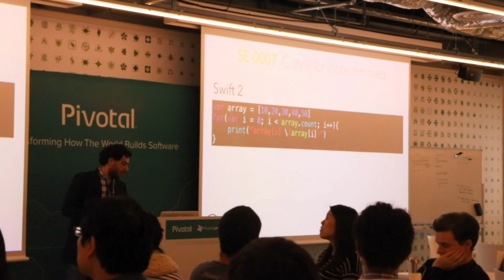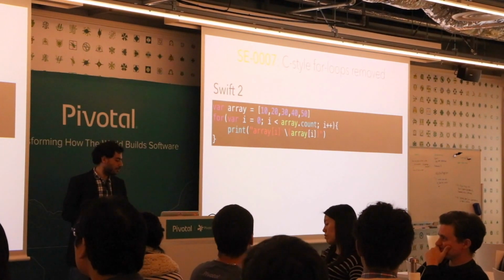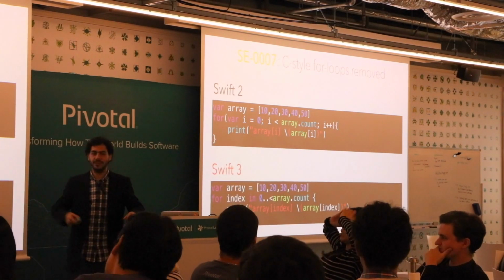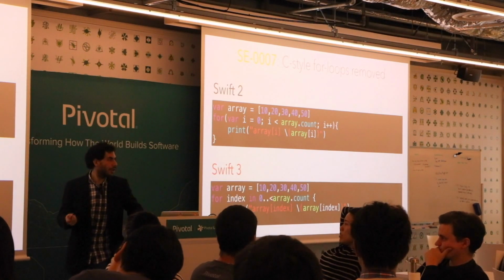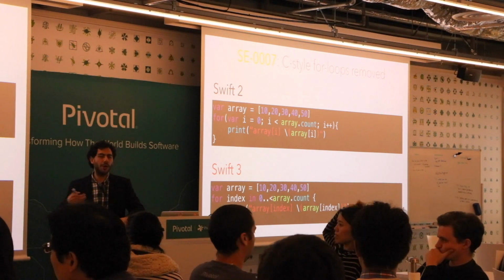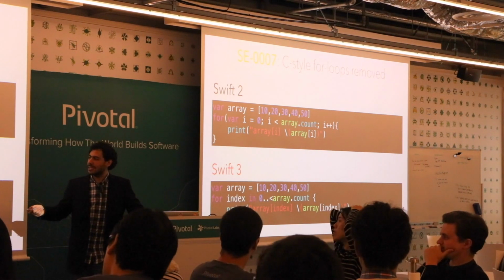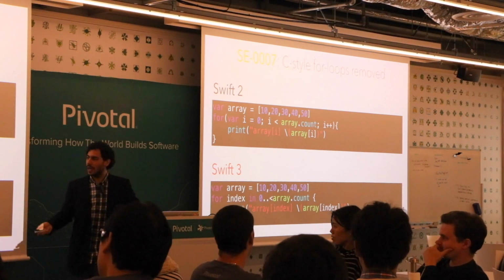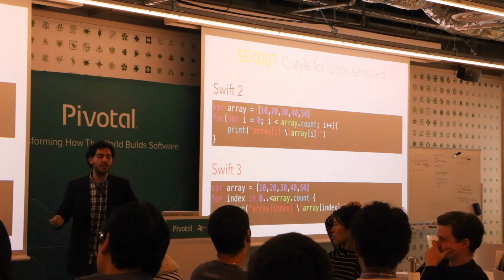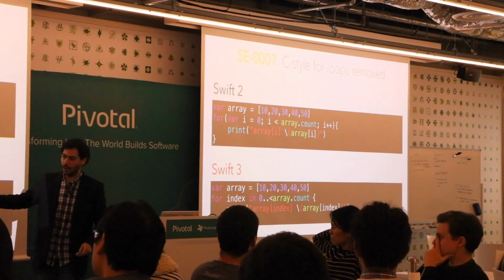So, for clarity and syntax purposes, they have eliminated this way of going through loops, and now you can only use the for-in structure. This is much clearer about what I'm doing, and I'm always bound to the array, as long as I'm inside the array.